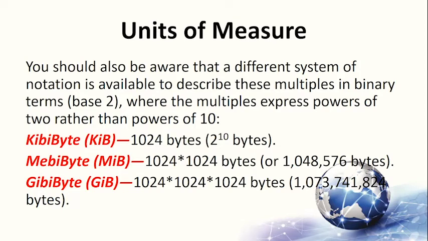Mebibyte is 1024 multiplied by 1024 bytes, or equal to 1,048,576 bytes. Or the GiB is equal to 1,073,741,824 bytes.